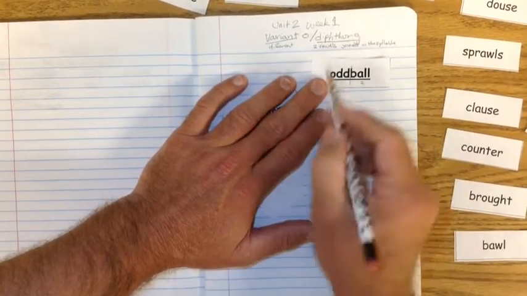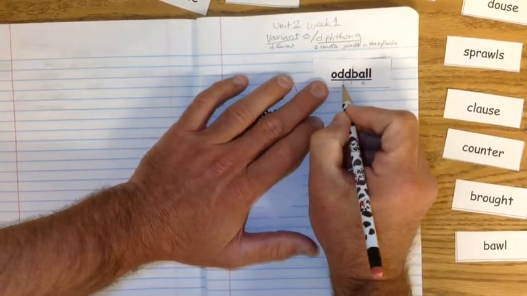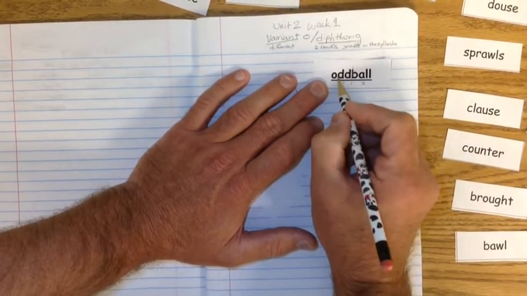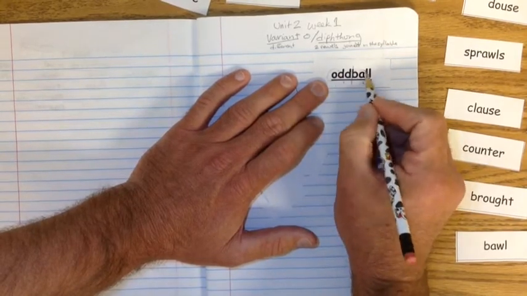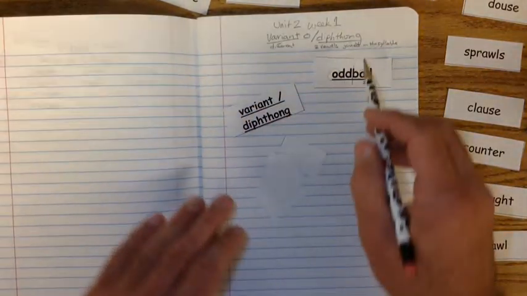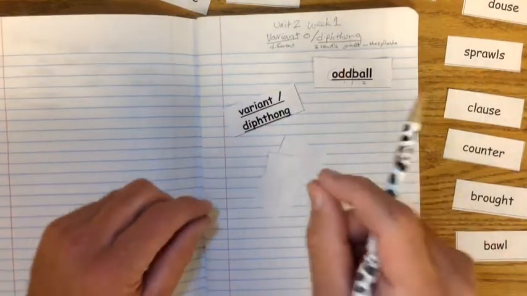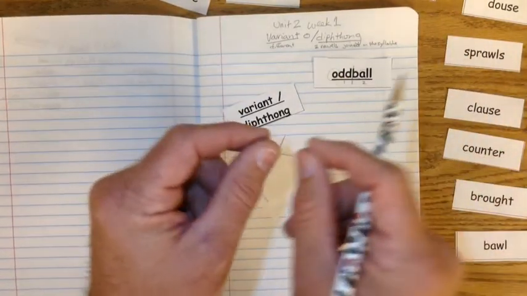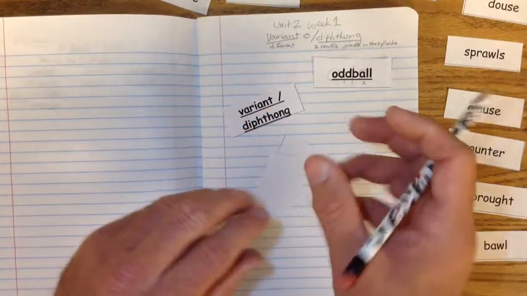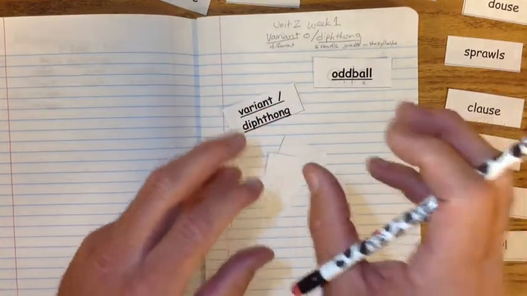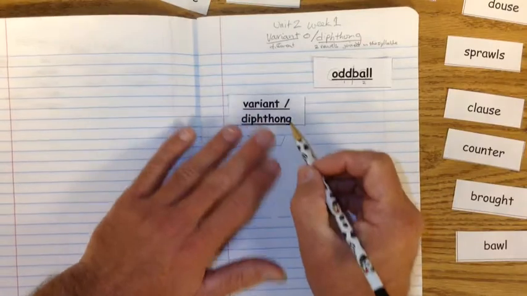You don't have to write this though. And the reason we have different syllables is because of this vowel here and that vowel there. But a diphthong has actually got 2 different vowels that are put together and make one syllable speech sound.